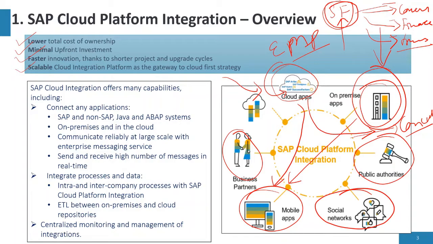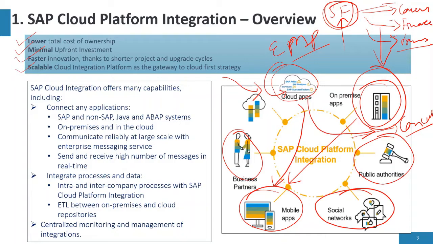Since it is not in your data center, all the maintenance, upgrade, patching, all those things would be taken care of by SAP, and you don't have to have a separate team to maintain that.